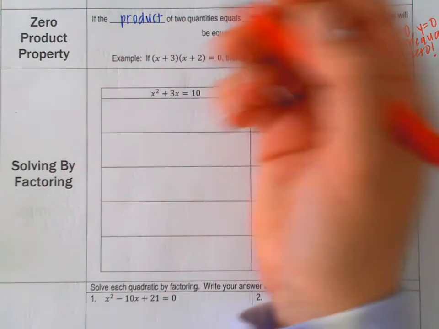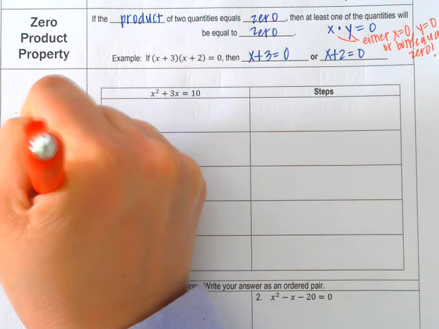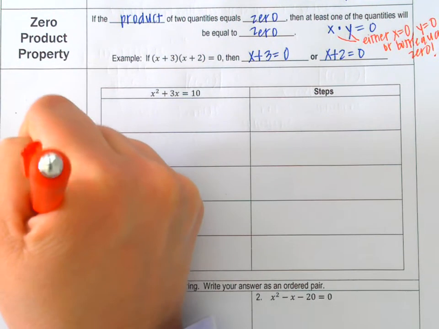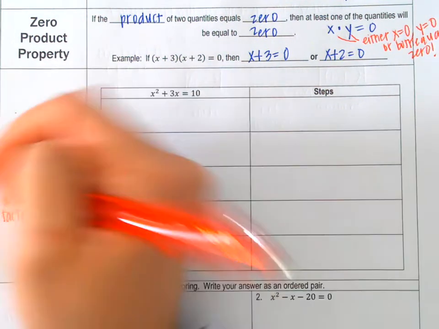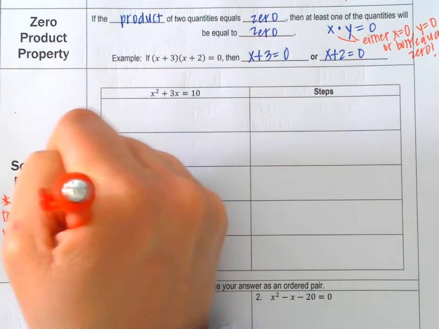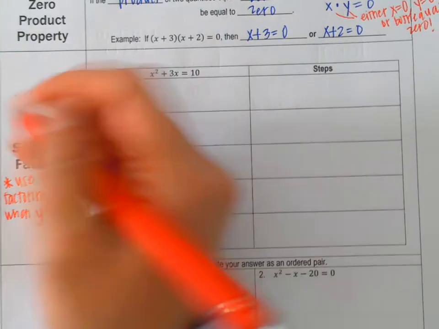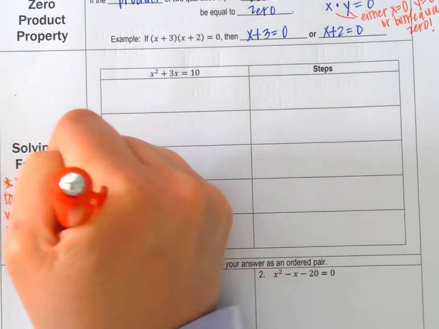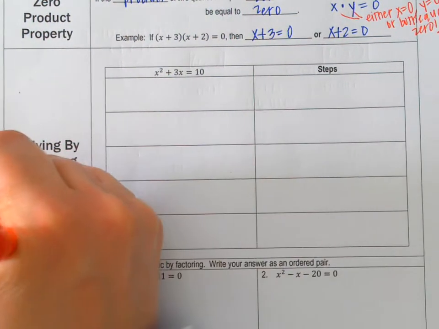We use the factoring method first when we have either y equals ax squared plus bx, which we're going to talk about, or y equals ax squared plus bx plus c, and the quadratic is factorable.